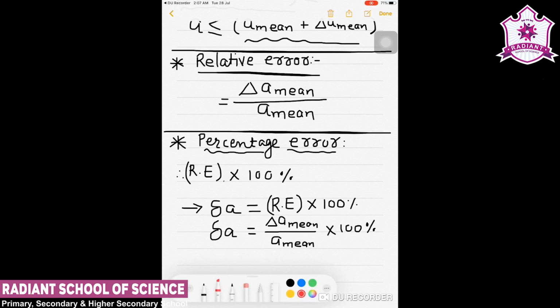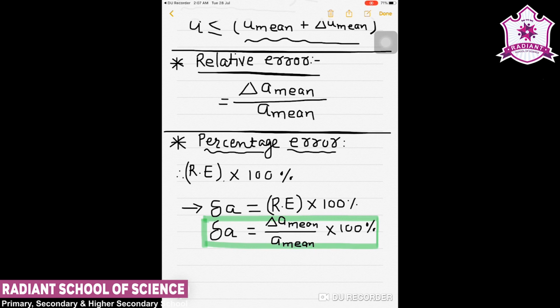Here this is percentage error, defined as delta A. So overall there are three different types of errors which are used to minimize the overall error in the given question, and we can calculate them in different manners. So first is absolute error.